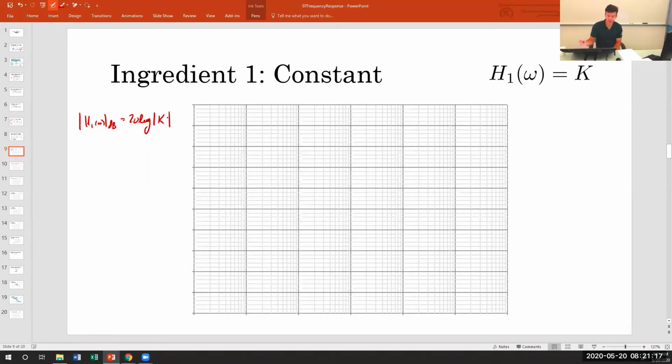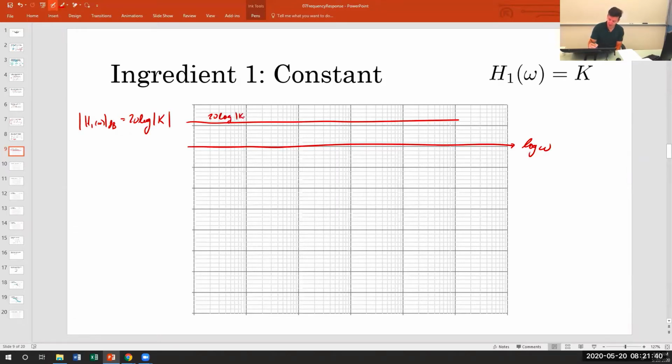There is no dependence on frequency here, so we can call this the log omega axis, and then whatever k happens to be, it will be plotted as a flat line up here. Okay. So this line lies at 20 log the absolute value of k. And it goes over all frequencies.